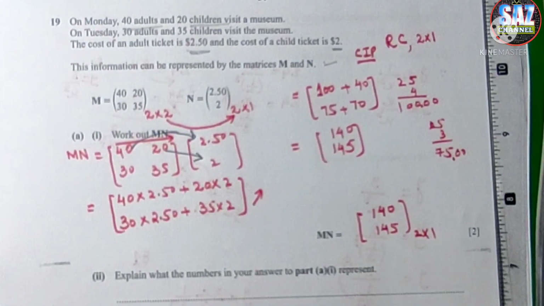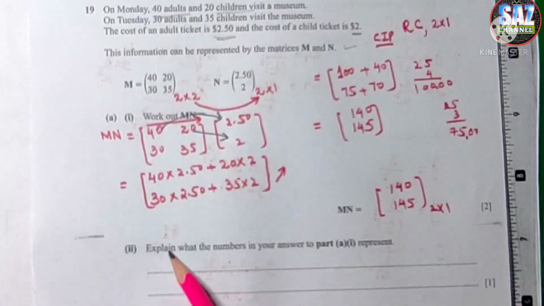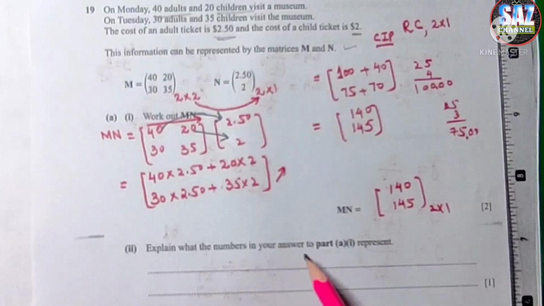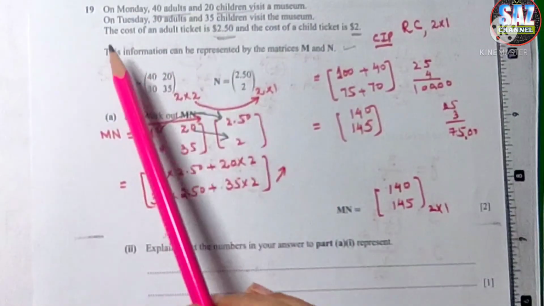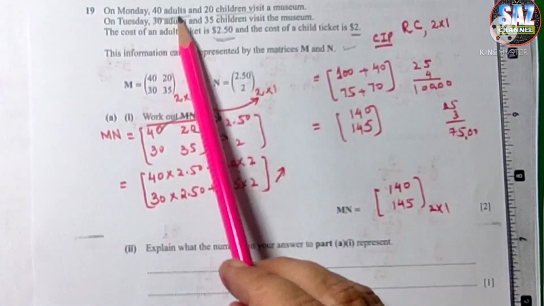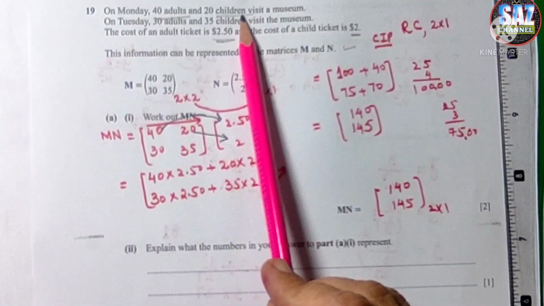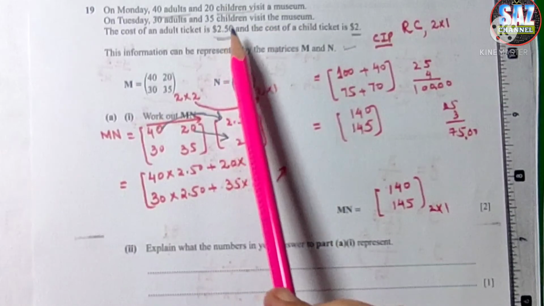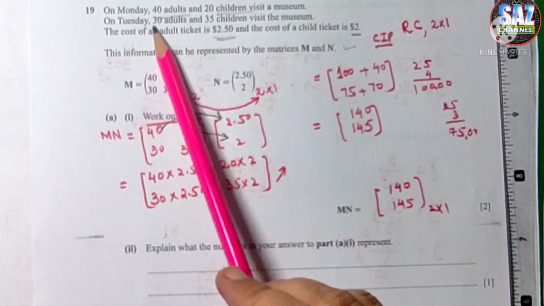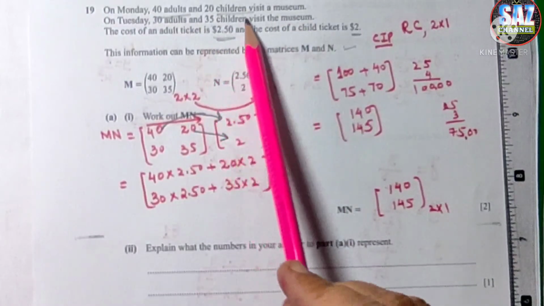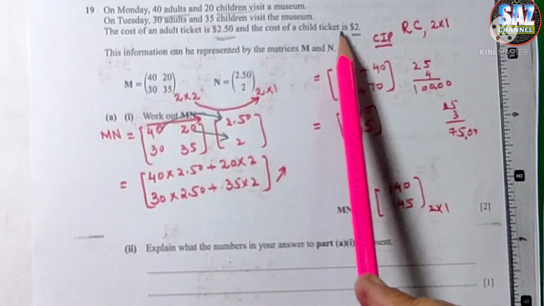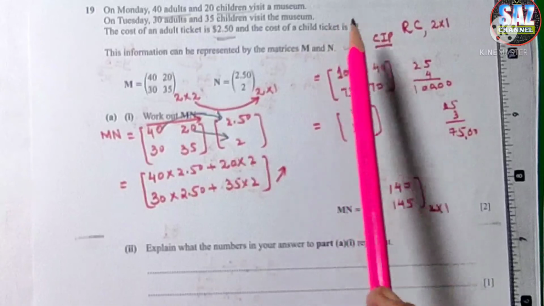Okay, we only have to focus on basic concepts. And then the next part says, explain what the number in your answer in part A1 represents. As the question says, on Monday 40 adults and 20 children are visiting the museum, and on Tuesday 30 adults and 35 children are visiting, and the cost of one adult ticket and the cost of one child ticket is given.